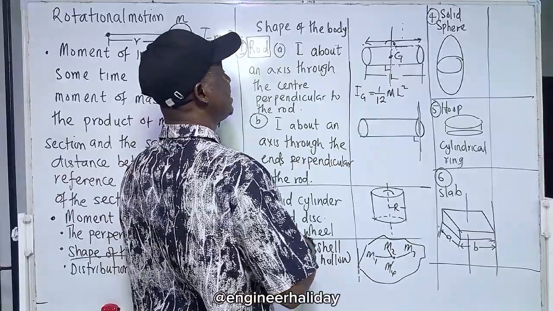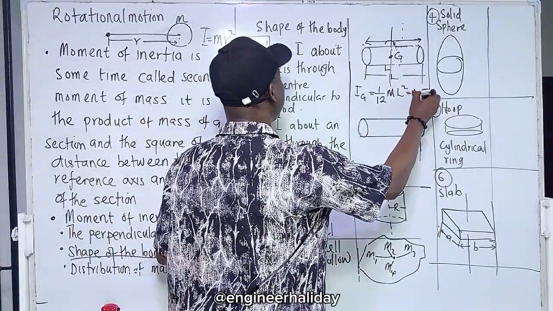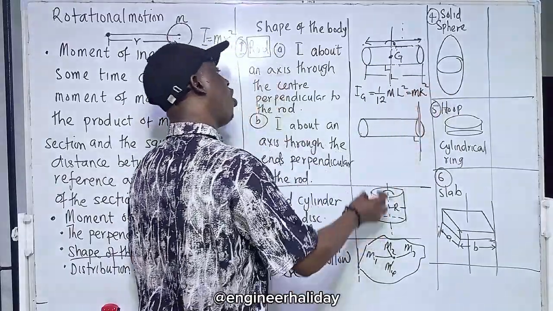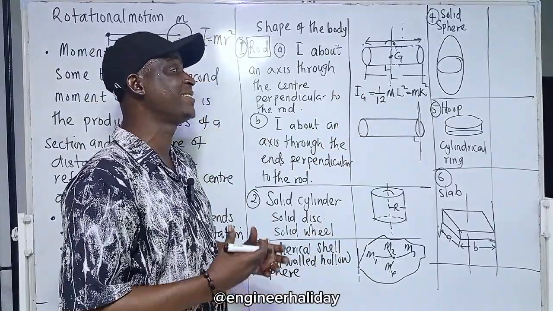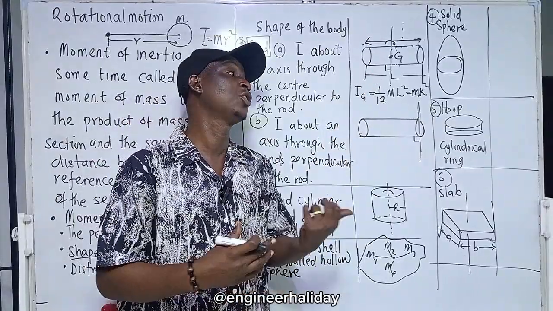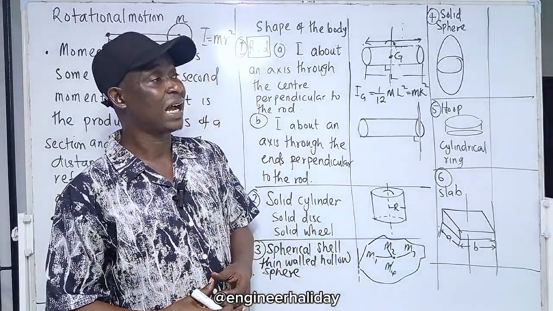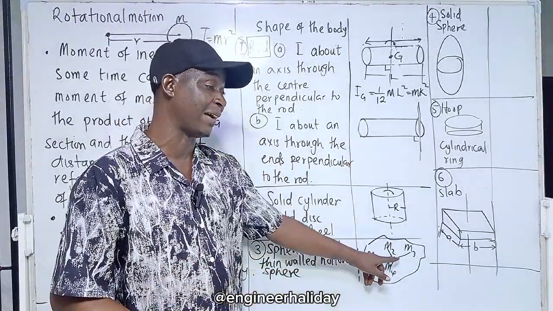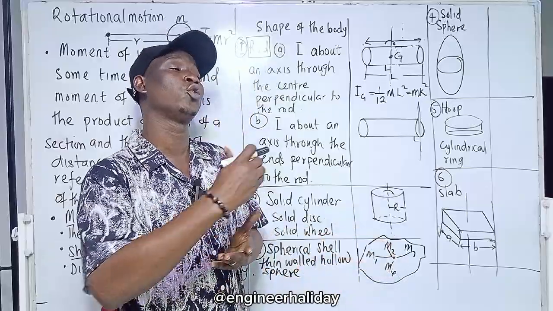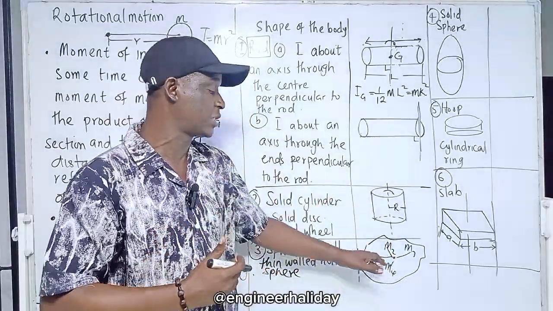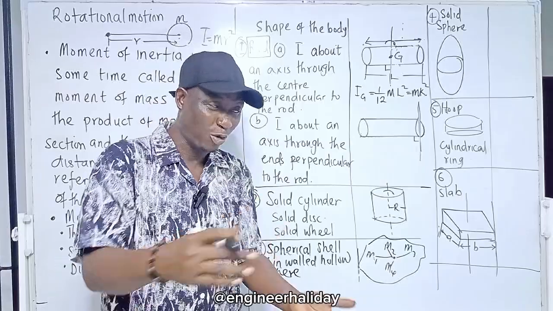Now, this can also be equal to mk square. Please take note of that. All shapes are equal to mk square, where k is the radius of gyration. I've told you, radius of gyration is what can be achieved when you have different masses arranged on the body. You give all those distances of these masses, you make them equal.